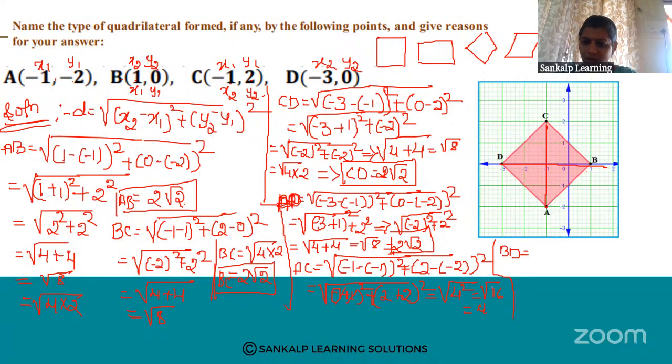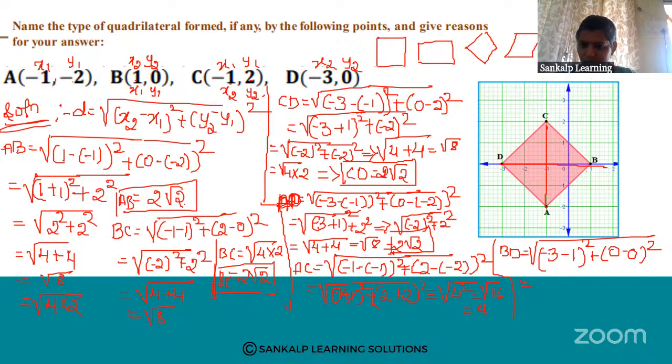Yes or no? So now the value of x2, square root of, B to D. So the value of x2 is minus 3 and the value of x1 is minus 1 whole square, plus the y2 value is 0 and the y1 value is also 0.